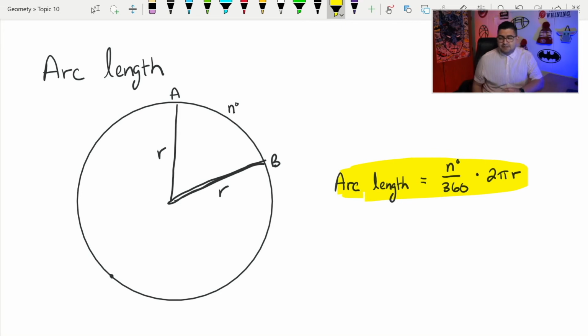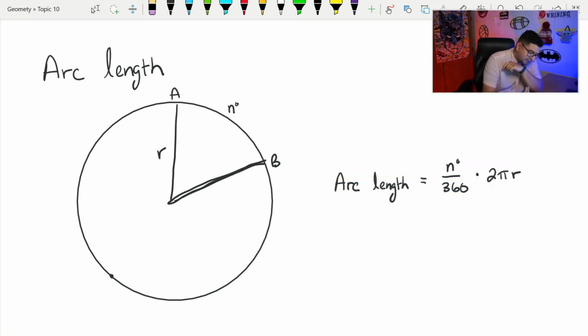And we really only need two things in order to use the arc length formula. I need to know the arc angle, and I need to know the length of the radius. The arc angle is going to get plugged into this equation right here.